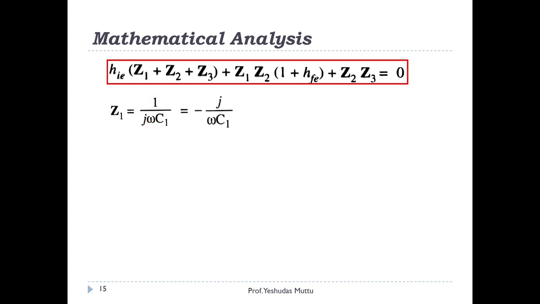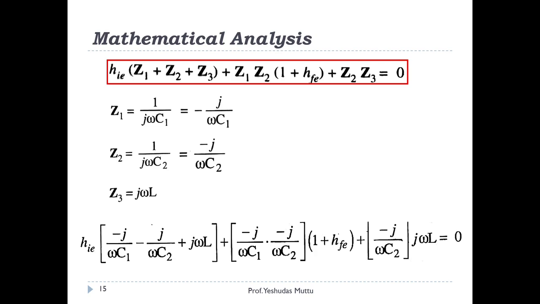It will be minus j upon omega C1. Similarly, Z2 will be 1 upon j omega C2, so minus j upon omega C2, and Z3 will be j omega L. Substitute all these three things over here. The expression is going to turn out somewhat this way. Nothing to worry again, it is just a matter of calculations. Understanding is more important over here.